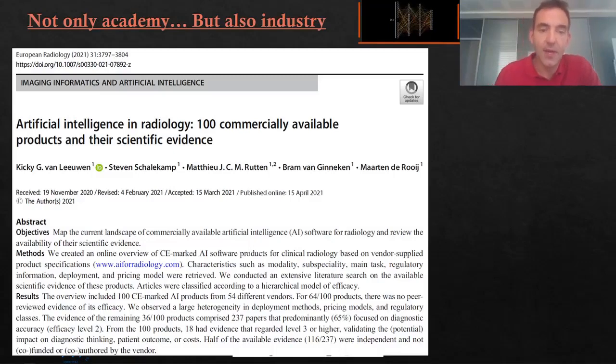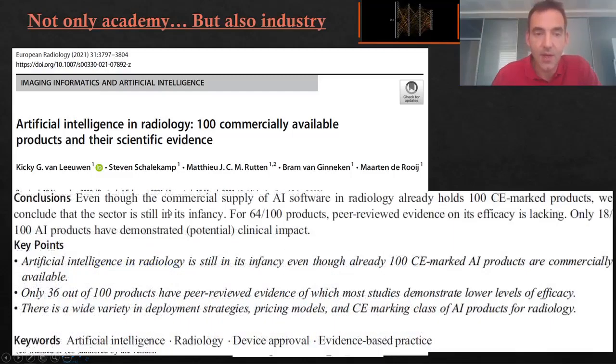You can find those products at ai4radiology.com, and when these products are analyzed, it is found that 64 of 100 products lack the evidence of peer review and real quality check. And these 100 commercially available products are all CE marked.